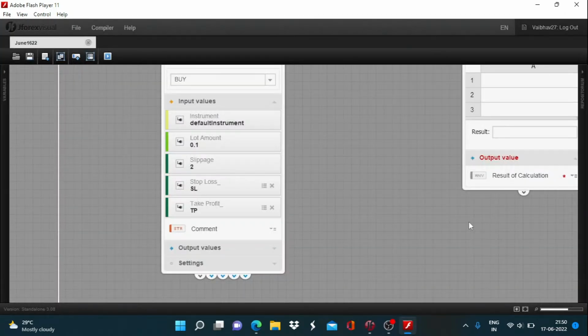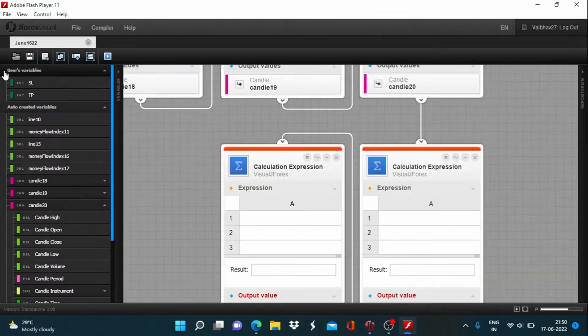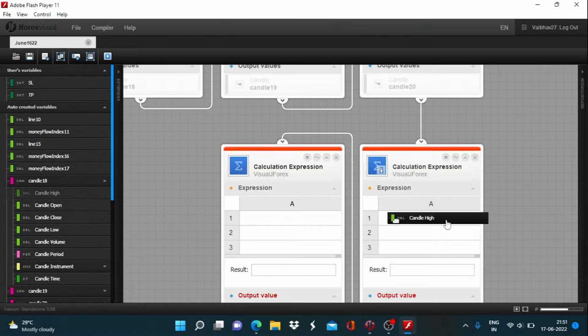We just have to consider the candle 18's high and low difference. So for that, we take candle 18 candle high and deduct candle 18 candle low.